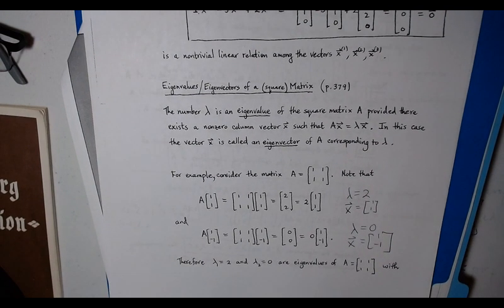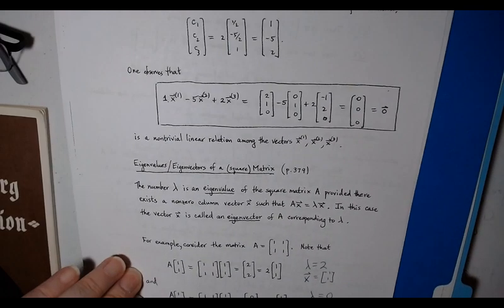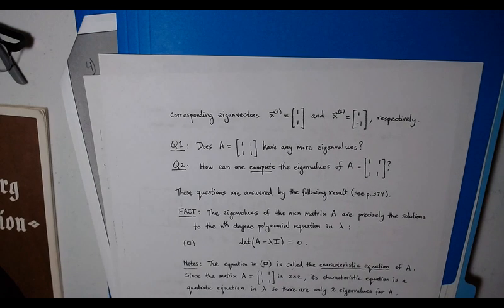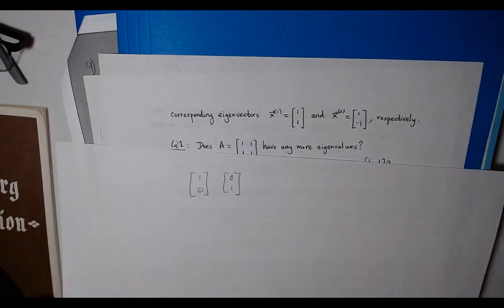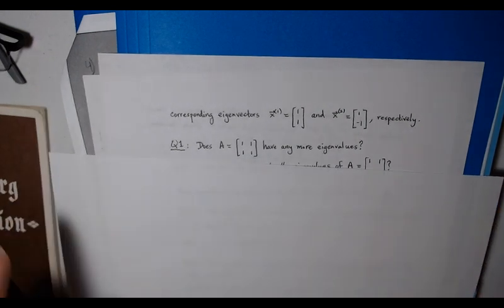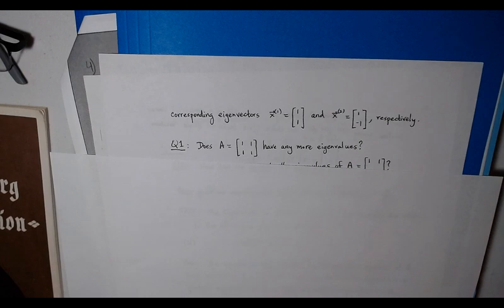So lambda equals 2 and lambda equals 0 are eigenvalues of the matrix with corresponding eigenvectors (1, 1) and (1, negative 1).